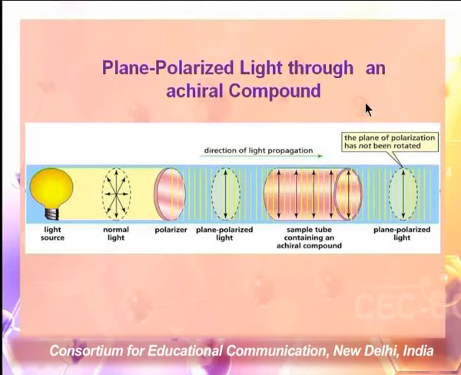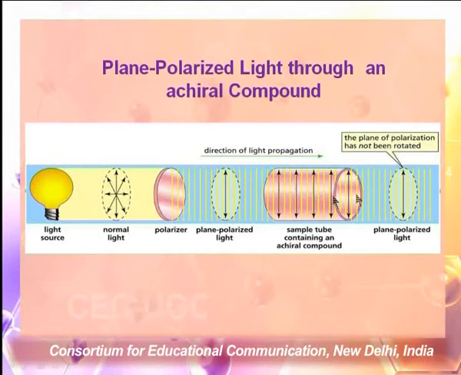These terms I will be introducing in my next lecture, as to what we mean by a chiral compound. Now, in the second case, we've kept everything the same. We have changed the compound here, and we find that there is no effect on the path of plane polarized light. It is the same before passing through the sample as well as after coming out of the sample.